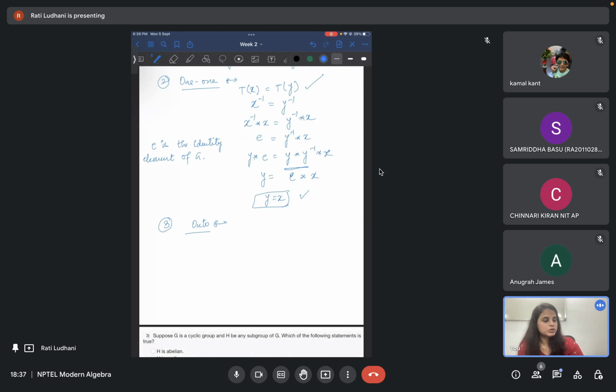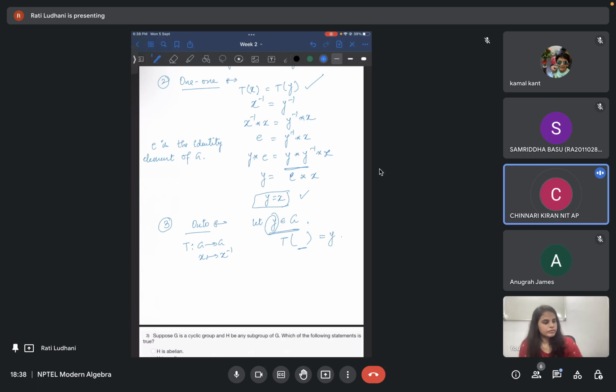So for ontoness, what you will take: let y belong to G. Now you have this G to G where x goes to x inverse. So y belongs to G. Can you tell me a pre-image for this element? Can you tell me what element I will take which will map to y?